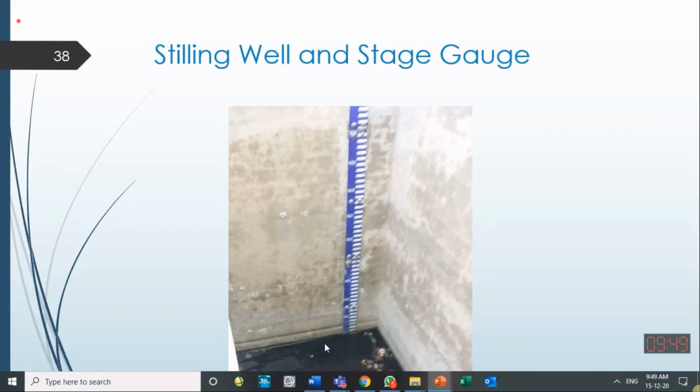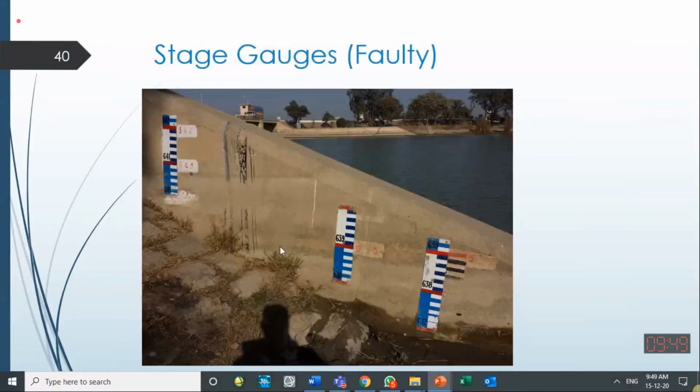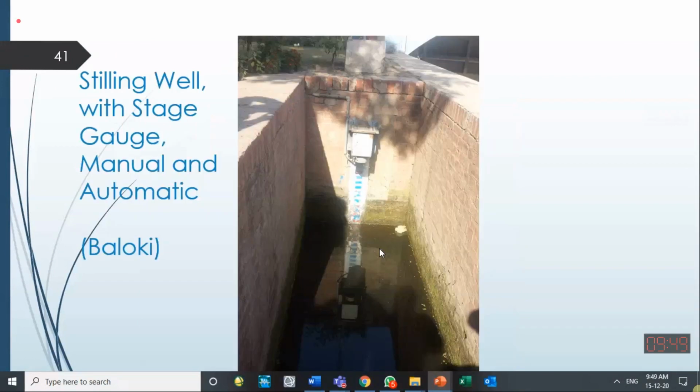I think it was choked, and they were not using it for measurement anymore. Another view of a staff gauge. I think this is some canal from the Baloki, maybe. Yeah, this is Baloki. They have the stilling well over here, staff gauge over there.